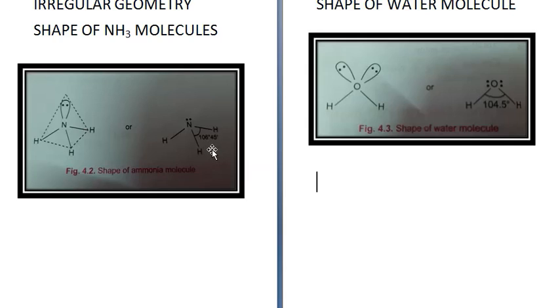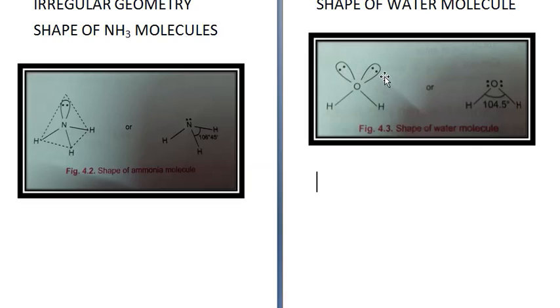Second, let us take an example of the water molecule. Now in the water molecule, the central oxygen atom is surrounded by 2 bond pairs and 2 lone pairs. It makes 2 bonds with hydrogen, and 2 pairs of electrons do not take part in bond formation. There are 2 lone pairs of oxygen present.